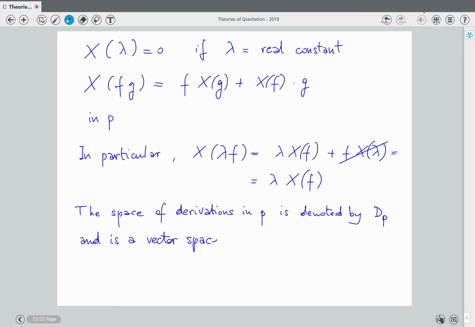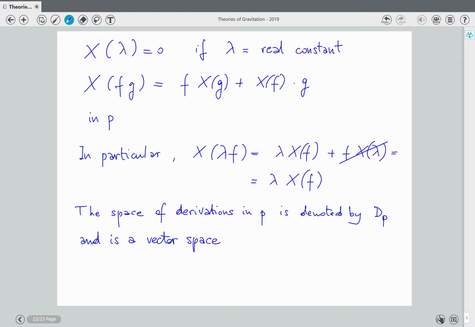Because a linear combination of derivations that satisfy those properties satisfies those properties, and therefore it is a derivation. Now we want to study this space a little bit better, and we want to work out a basis for this space, see which objects generate this space.